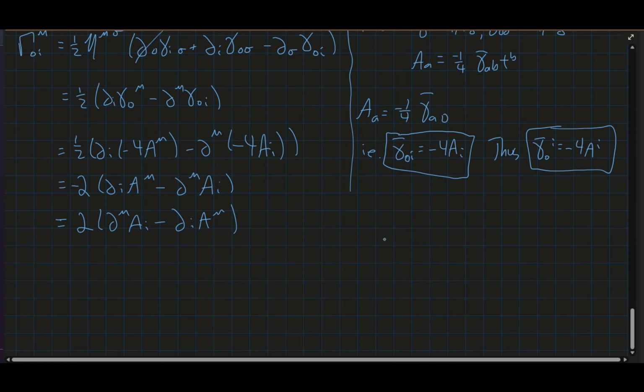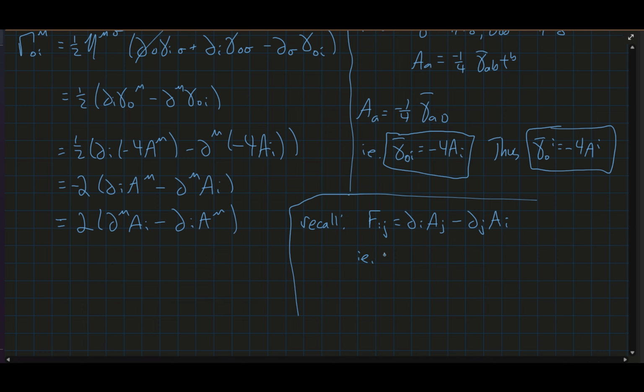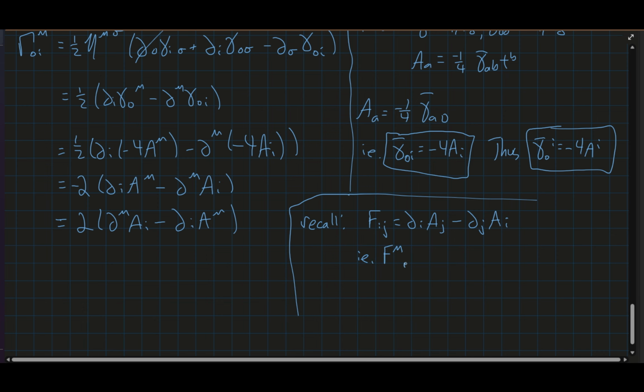So now we do a little bit of recollection from electromagnetism. Recall in E&M that the electromagnetic tensor F_ij is this, del_i A_j minus del_j A_i. So that means that we have something like F_mu I. This is going to be del_mu A_I minus del_I A_mu.